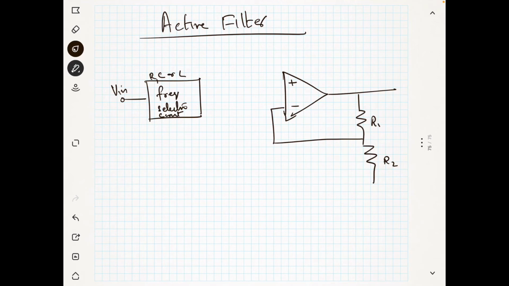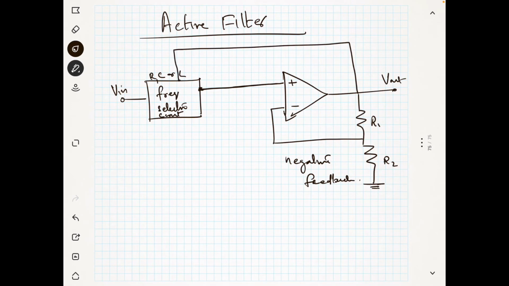This is V out and this is the negative feedback, and one part of the output is given back to the RC network. So this is the active filter structure.